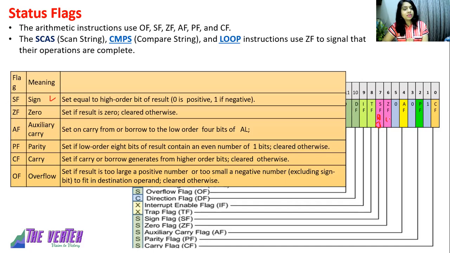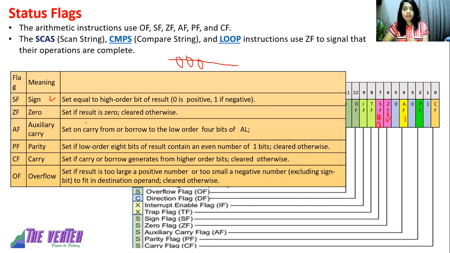Next flag is the zero flag. What happens after an arithmetic or logical operation if the result is 0? If the result is all zeros, then the zero flag will be set to 1, otherwise it is 0. Next is the auxiliary carry flag.